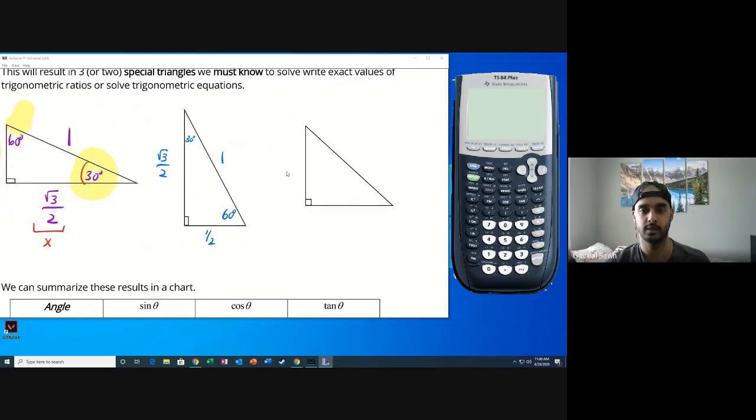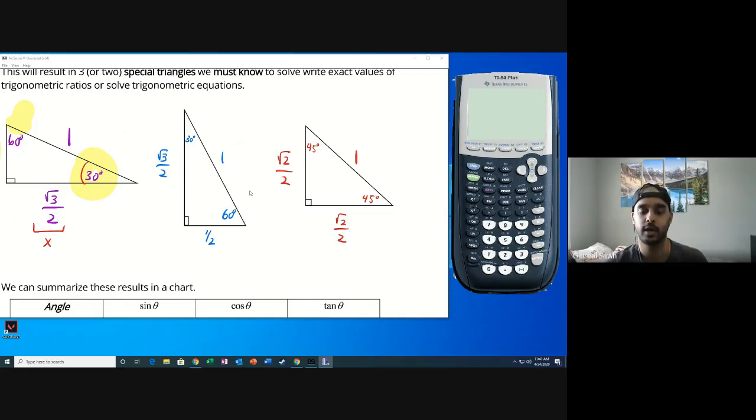Okay, but now let's do the last one as our isosceles. Let's do this one for 45, because we haven't done that one yet. So 45 degrees for both of these this time. Again, hypotenuse is 1. Now, if I do that, that means that this leg and this leg have to be the same length. Okay, so they're identical. Now, the only way that will work out is if those two legs are root 2 over 2.